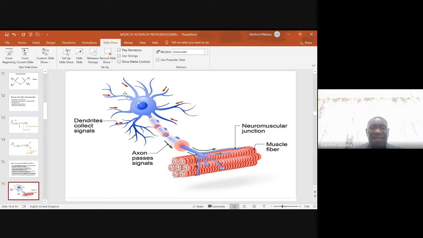Here I'm just giving you a structure of a nervous system where we have what we call the axon, being attached to the muscles. And acetylcholine plays an important role in transmission of the messages.